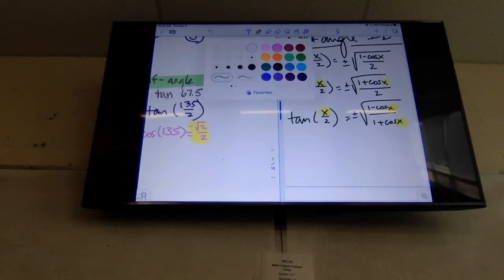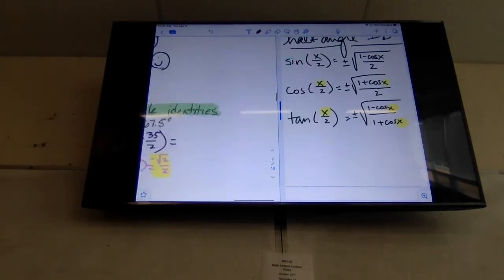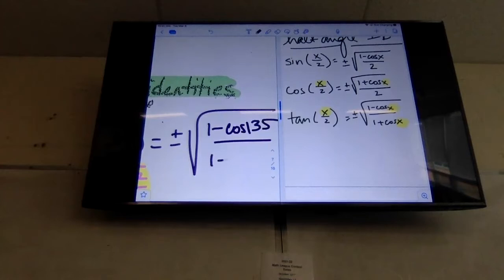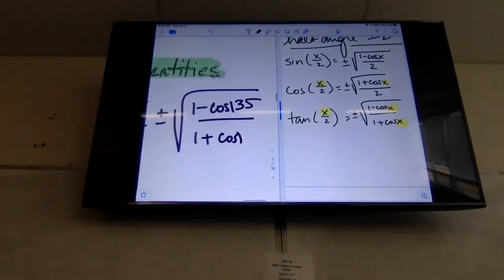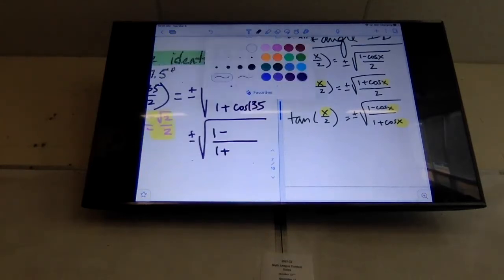I'm going to start by setting up my big equation, and then instead of cosine of 135, I'll put that negative root 2 over 2 in. 1 minus cosine of 135 over 1 plus cosine of 135. And you just told me that cosine of 135 is negative root 2 over 2.